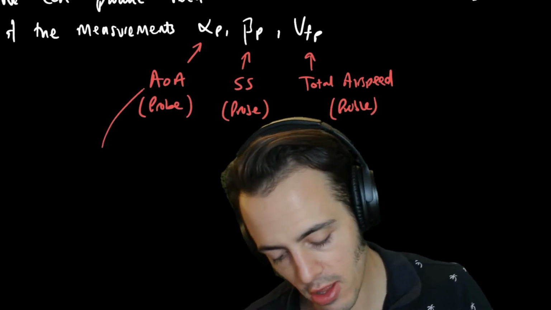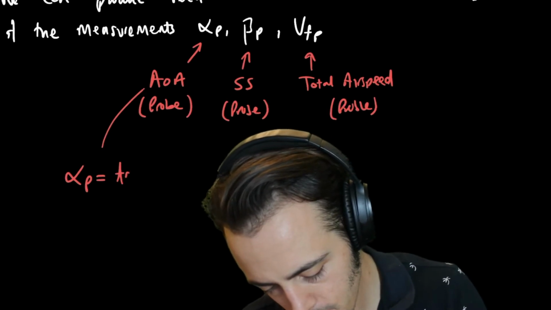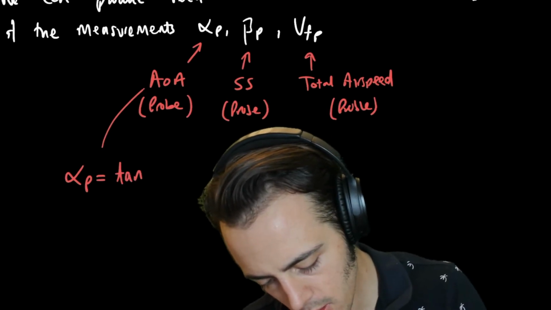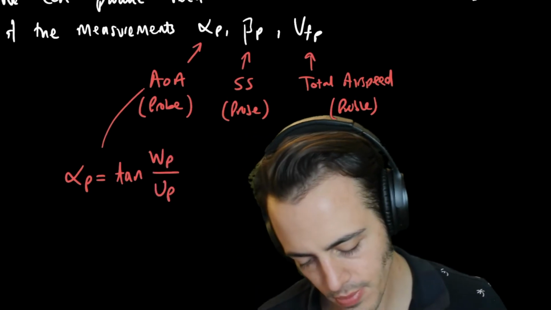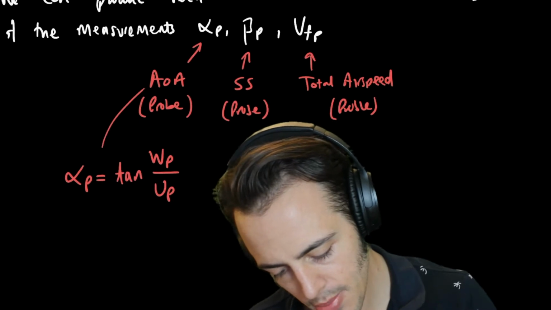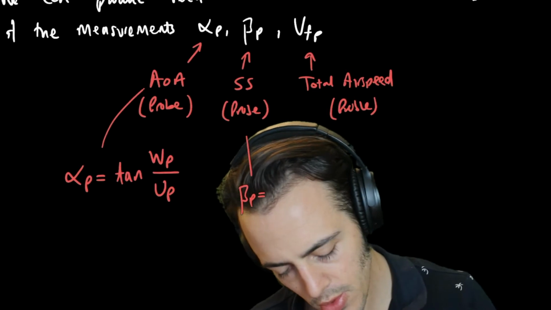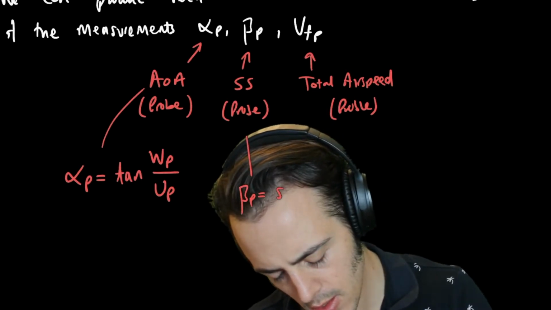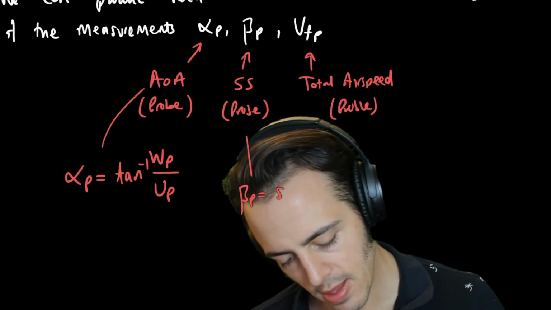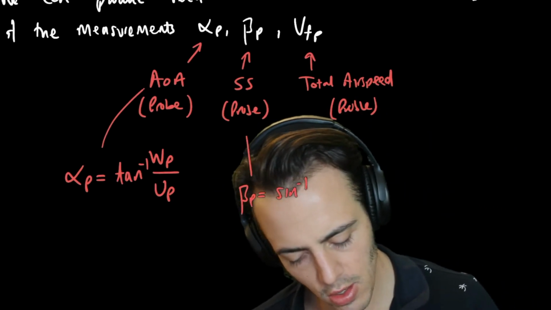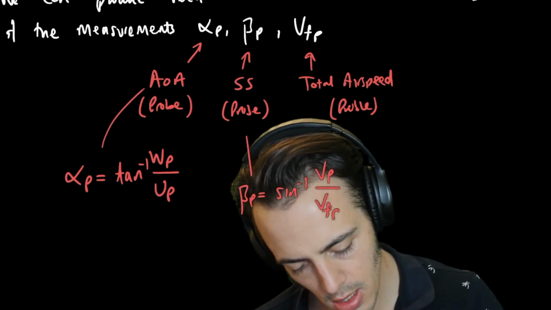So just from the definition of alpha, alpha P is the arc tangent of WP on UP. And then the side slip, just again from definition, beta P is equal to, so there should be an arc tangent there, not the tangent. Beta P is the arc sine of VP on VFP there.